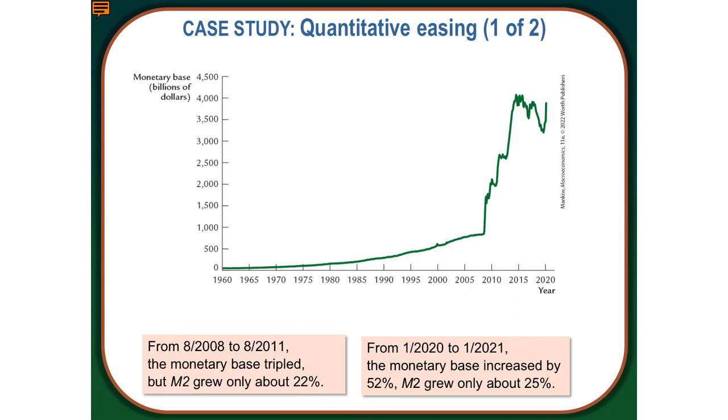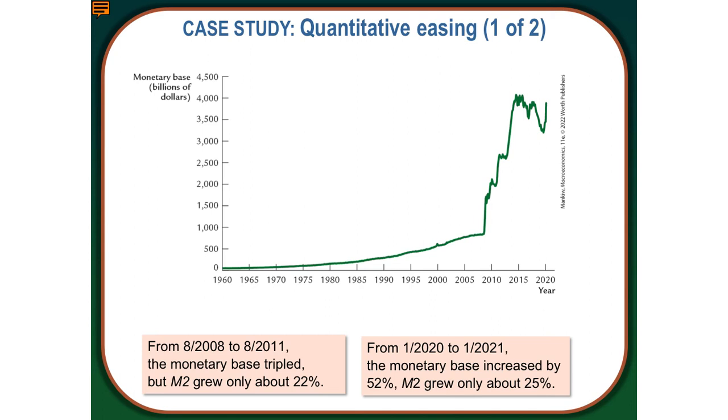Well, why is that? Because the Federal Reserve was increasing reserves by using open market operations and increasing lending to banks through a variety of facilities, but banks were holding on to them. It was just a super risky environment, and banks were reluctant to use those reserves to turn them into investments and loans. The Federal Reserve was really trying to get banks to lend these things out to people, but they weren't.